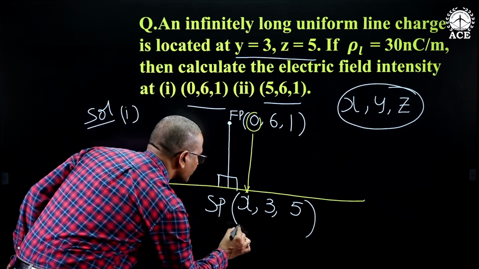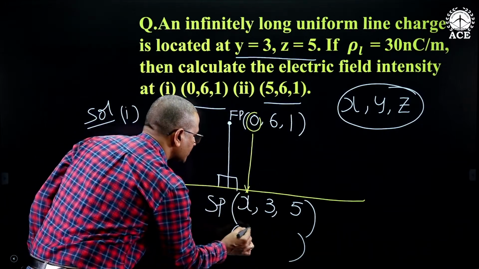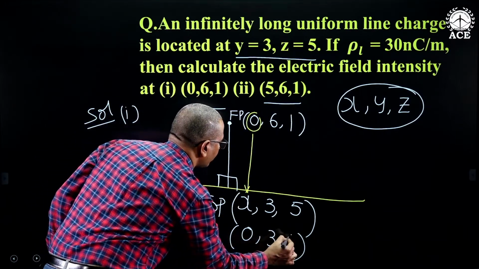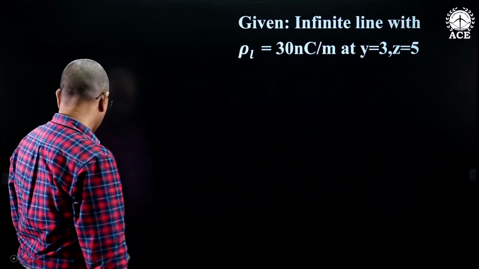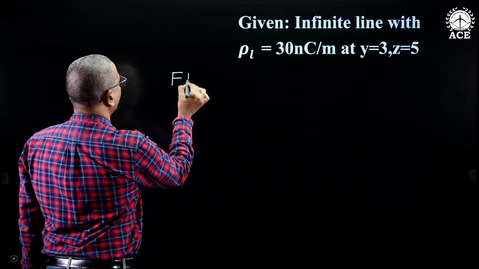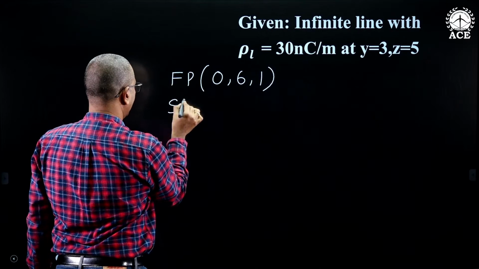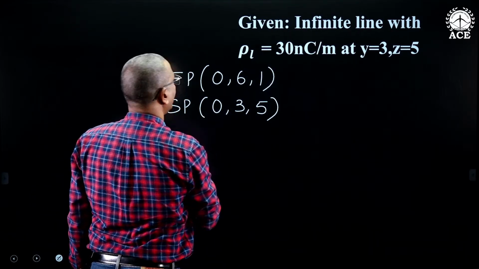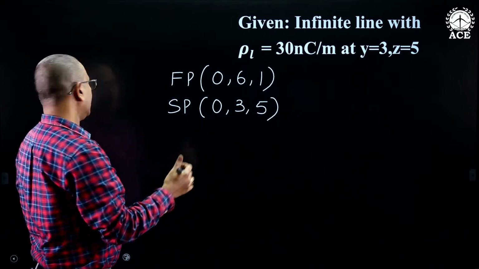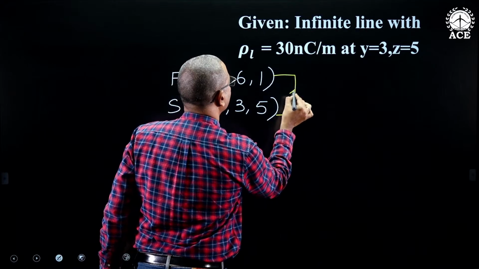The new coordinates of the source point you can find by dropping the perpendicular: 0, 3, 5. So FP is 0, 6, 1 and SP is 0, 3, 5. After dropping the perpendicular from the field point onto the source point, we can find the displacement, dear students.